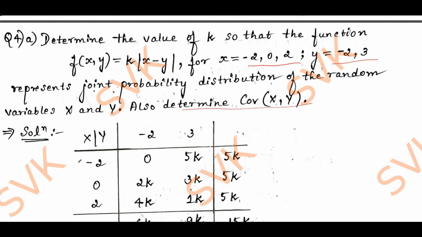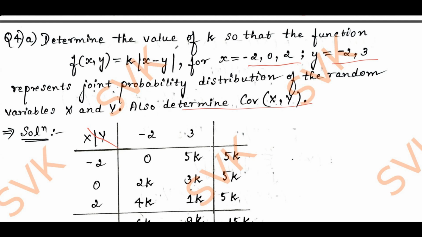As I explained in the previous question, we are going to tabulate the joint probability distribution. Consider the columns as x values and the rows as y values. So x values are minus 2, 0, 2, and y values are minus 2, 3.